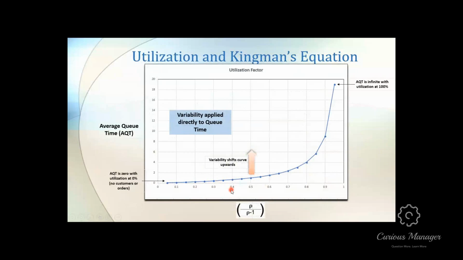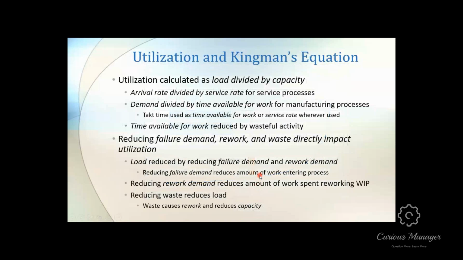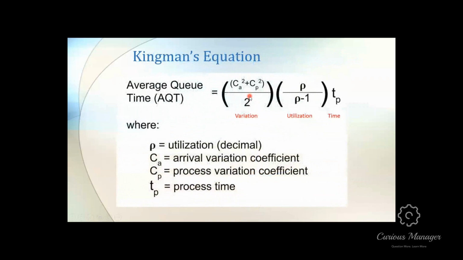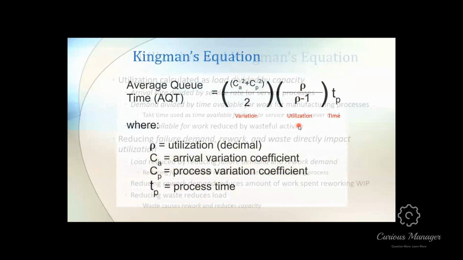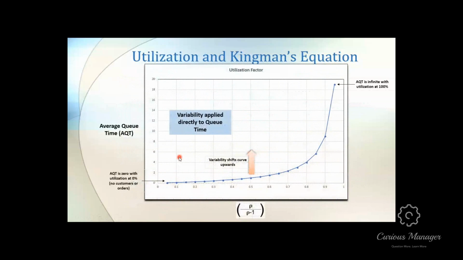So sometimes you may want to look at your variation or your time. Okay. So you can calculate this using the control chart, or just a simple standard deviation of your process. You can use your time for the process, okay? And then you can calculate utilization, and then all of it put together gives you an average queue time, okay?